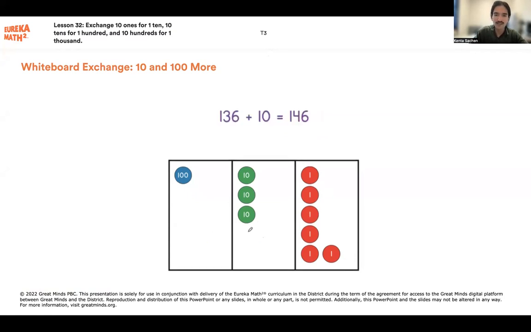What if we added 10 more here, right? 10 more than 136 is what number? What number is it now? If I added 10 more. Ronnie? It's 146. Very good, right? 10 more than 136 is 146.